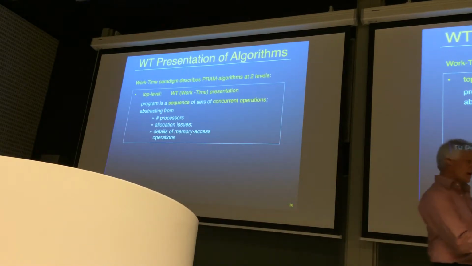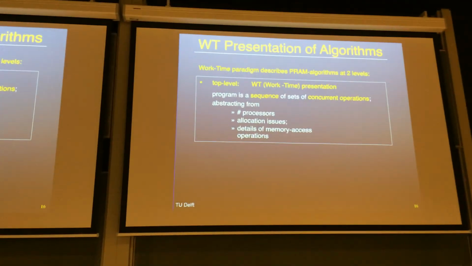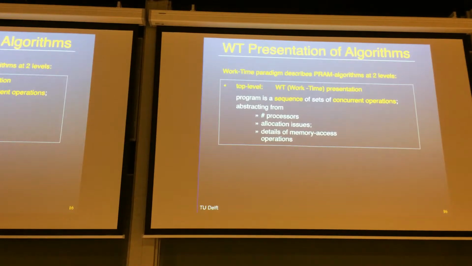So we assume that you can write an algorithm as a sequence of steps, and in each step you can do something concurrent. So concurrency is encapsulated in these steps. Why? Well, it makes it far more convenient to analyze the time and work complexity of algorithms, and that we need in order to compare our algorithms.